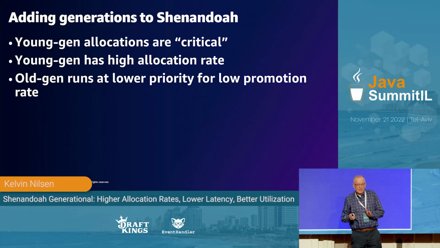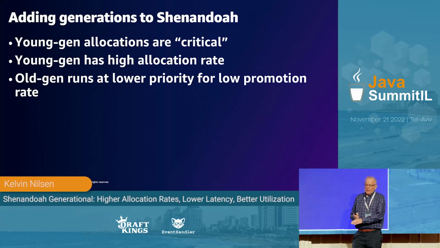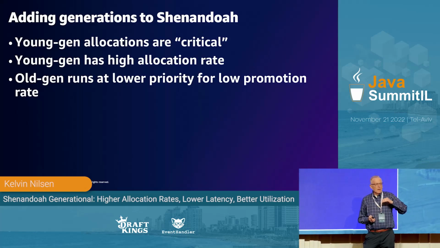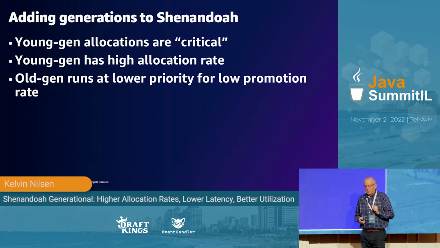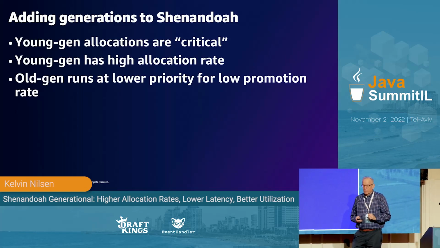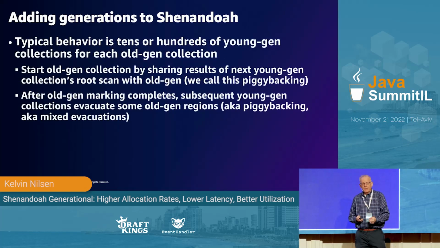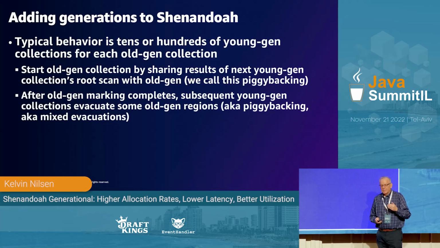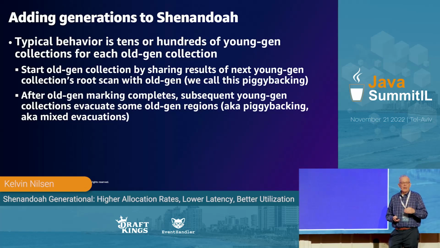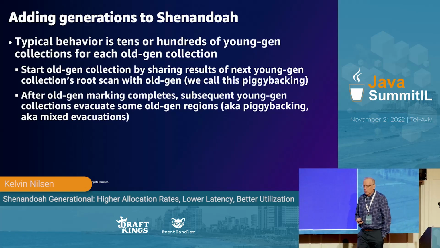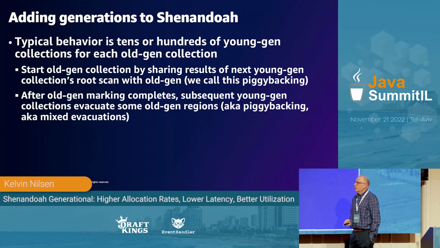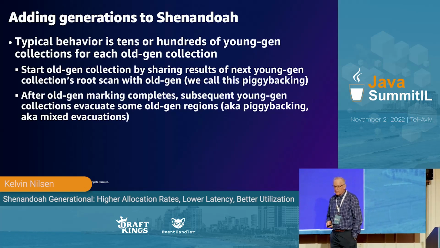The way we see it, young gen allocations are very critical. They're happening at a high rate. So we run the young gen collections at a very high priority and a high frequency. The old gen happens much more rarely and does not need to run at a high priority. It can actually be preempted by the higher priority young gen collections.